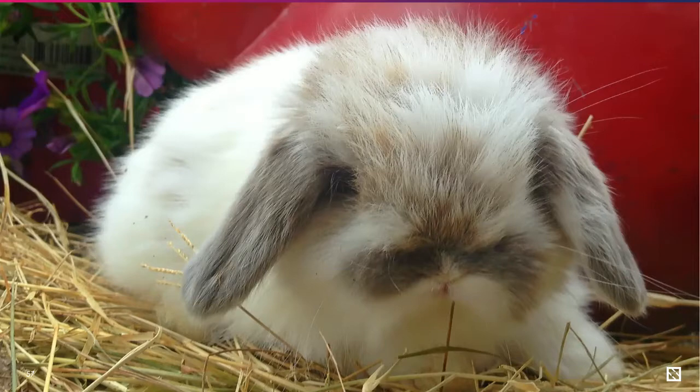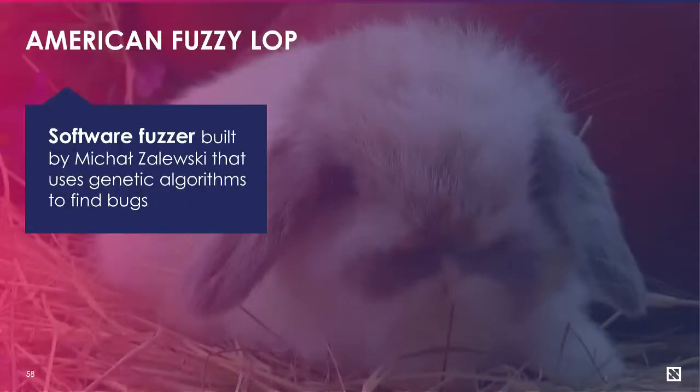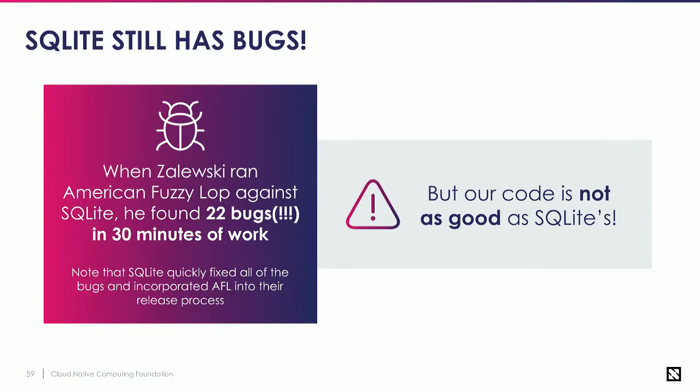And then American Fuzzy Lop came along. Not this American Fuzzy Lop, but a software fuzzer that was built by Michal Zalewski that uses genetic algorithms to find bugs. And when Zalewski ran AFL against SQLite, he found 22 bugs in 30 minutes of work.